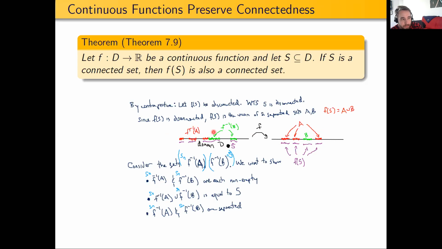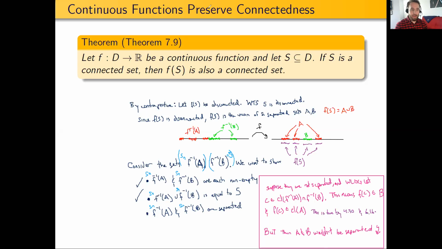Similarly, the preimage of B is non-empty because B was non-empty. So we've actually got the first two bullet points. There was this small technical issue, but we got the first two bullet points basically for free. And now the question becomes, are these two sets separated? That's a slightly more involved argument, so we'll tackle that next.